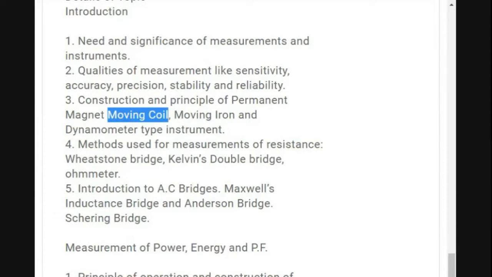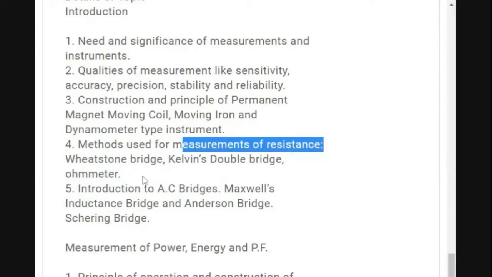In the Wheatstone bridge we have seen how the bridge balances and how the balance condition, with some mathematical calculations, gives you the unknown quantity. This very basic bridge circuit gives the result for the measurement of resistance. After that, in the measurement of resistance, we have types of resistance: low, medium and high.